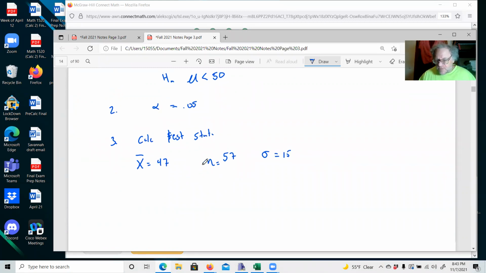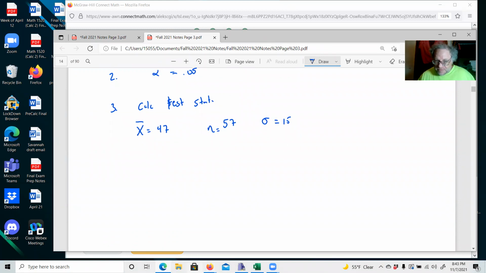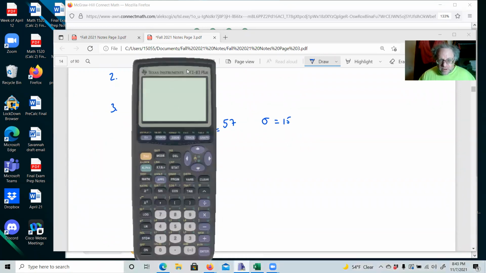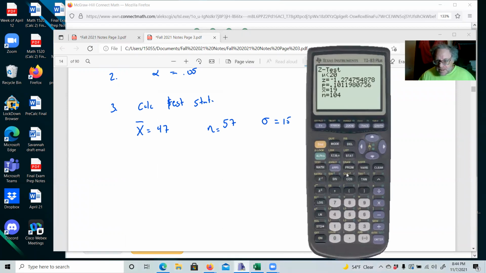Let's run off to the calculator and see what happens. We are going to go to stats and do a test, the z-test in this section. Again, we're just giving it statistics. We don't have a long list of numbers to put in, thankfully. Mu, the national average, is 50.